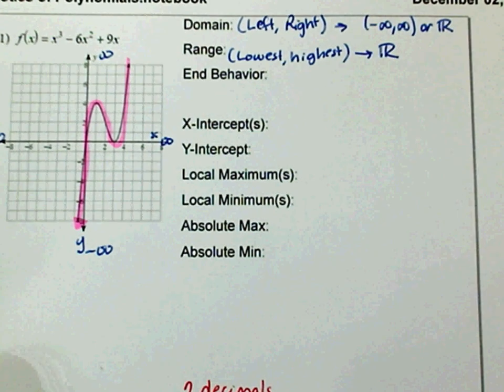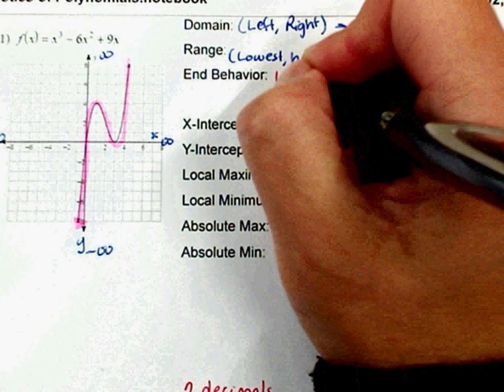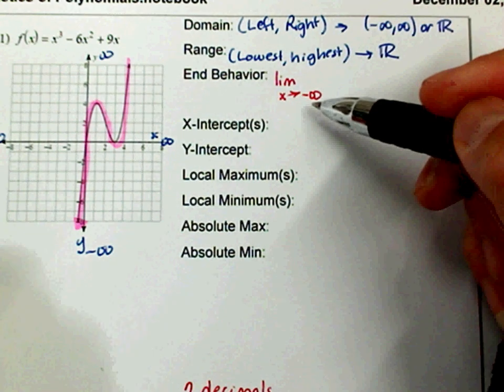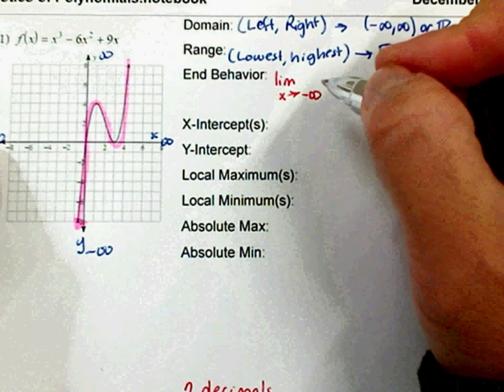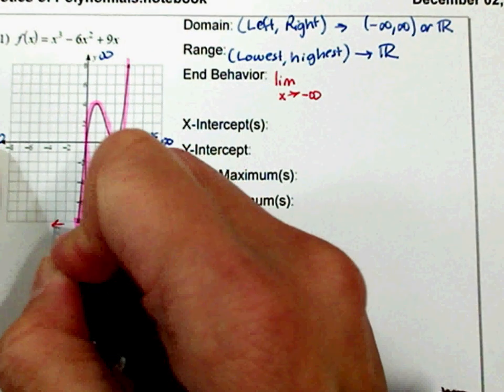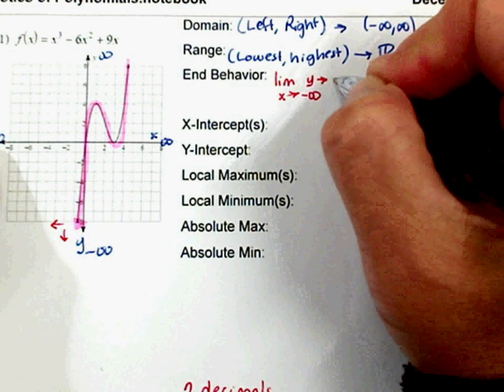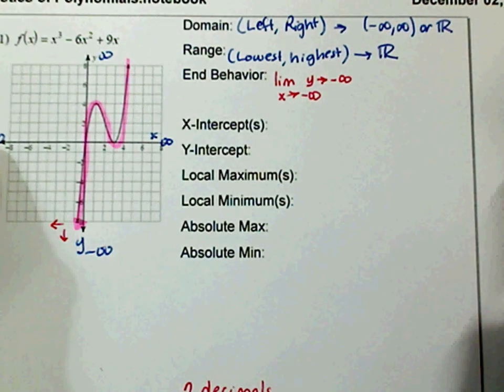Your end behavior, make sure you write carefully. The x coming from negative infinity, what is happening to this graph? It's coming from negative, but it's also going down. And where it's down, down is negative infinity.